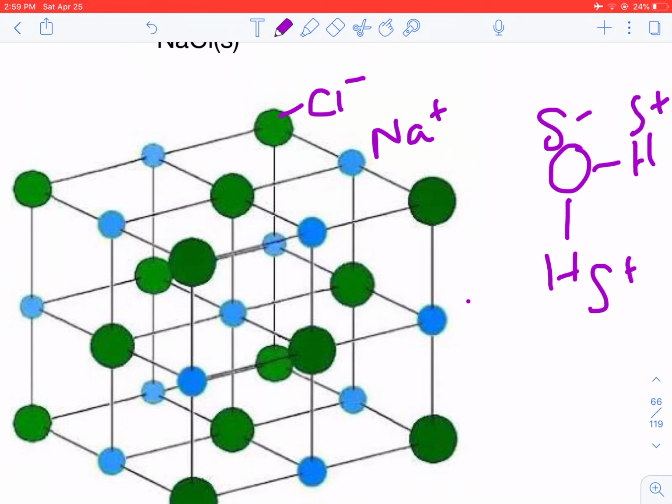So you saw what happens when I bring a charged rod to water, right? The water gets attracted. Now in a similar way, you're going to find that the positive particles will get attracted to the oxygen part of the molecule, and the negative particles will get attracted to the positive part of the molecule.